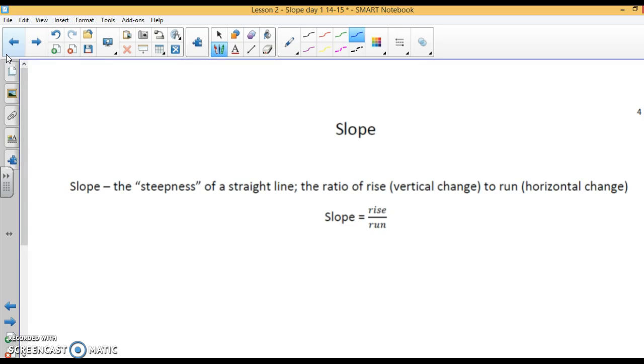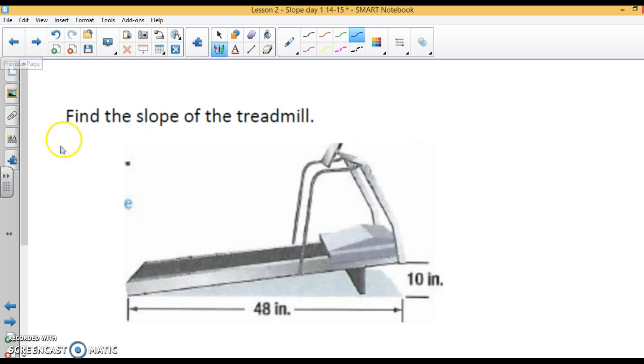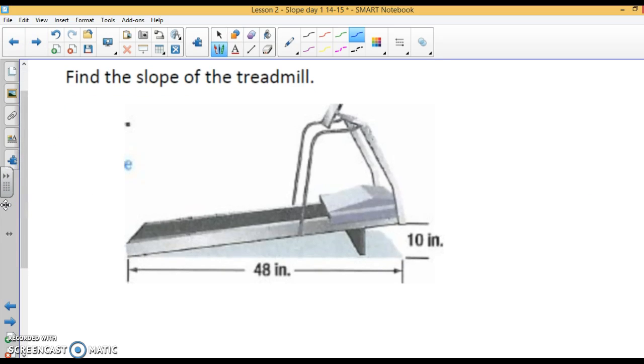The slope is the steepness of a straight line. It's the ratio of the rise, which is the vertical change, up and down, over the run, which is left and right. Rise over run, and we just talked about this. Now, we're breaking this down into just one little part. Find the slope of this treadmill. If I start here, and I end up here, you always start on the left. My slope is rise over run.